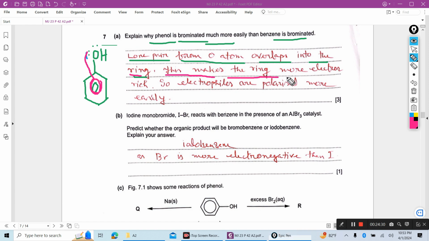This makes the ring more electron rich. As the lone pair is coming here, the electron density increases and the benzene ring becomes more electron rich. As it is more electron rich, electrophiles are polarized more easily, so the ring is more susceptible to electrophilic attack. That's why phenol is brominated more easily compared to benzene.